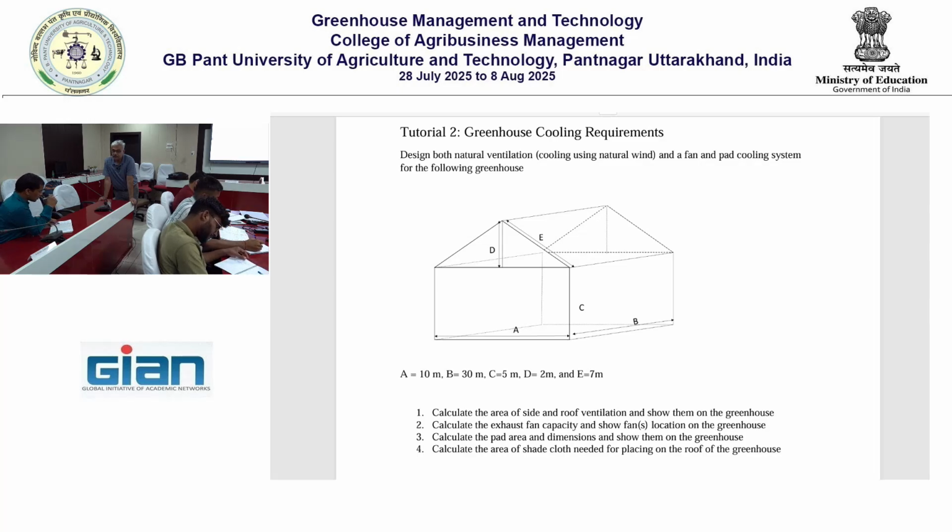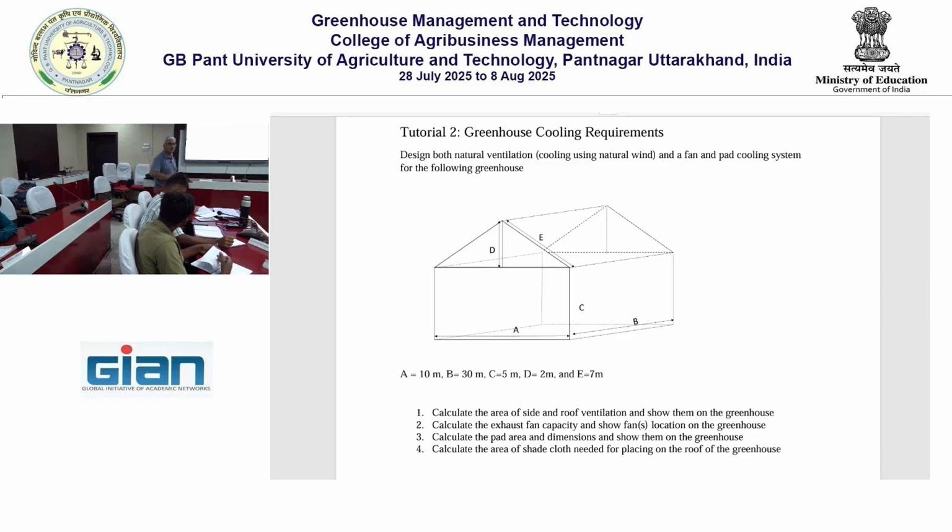Ground area is A and what? A is one length, and what is the other length? B. But hold on to that question because the next activity will require that. For now, it's only ground area. For cooling requirements, you go with the ground area, not the total surface.